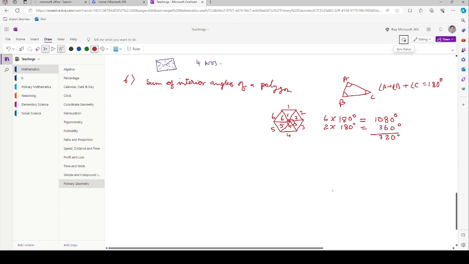Similarly, we can find it for a pentagon.